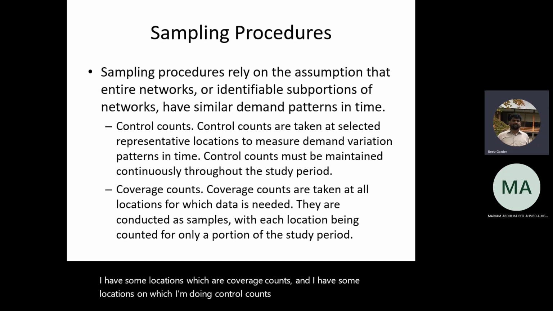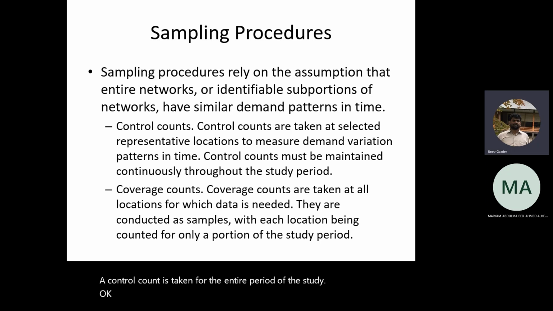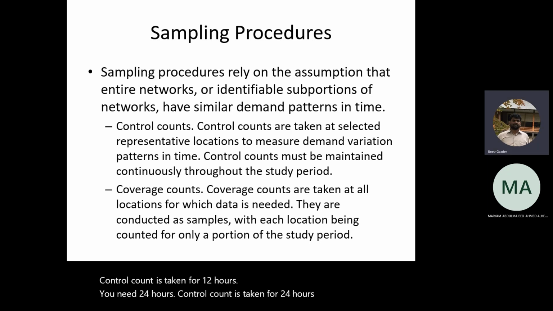What does it mean? A control count is taken for the entire period of the study. If you need 12 hours, a control count is taken for 12 hours. If you need 24 hours, a control count is taken for 24 hours, and so on.